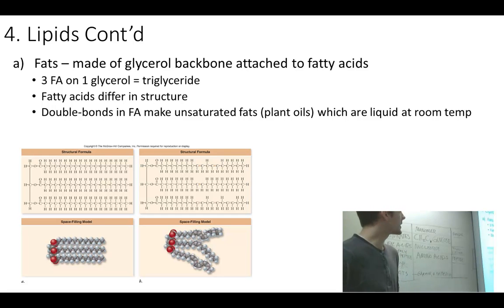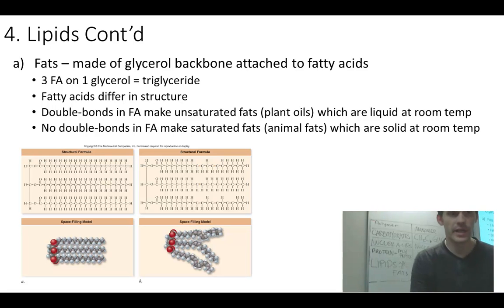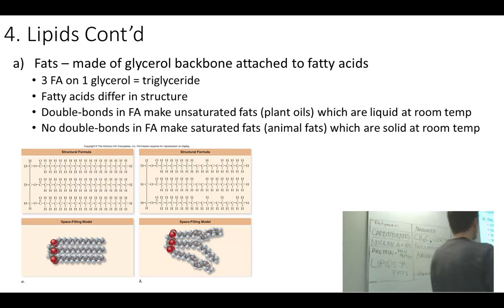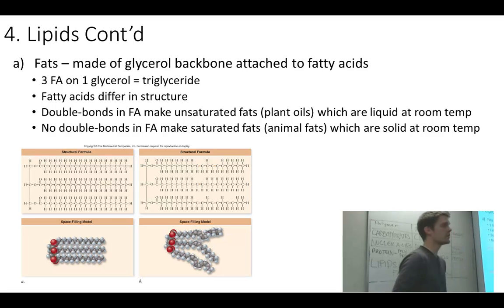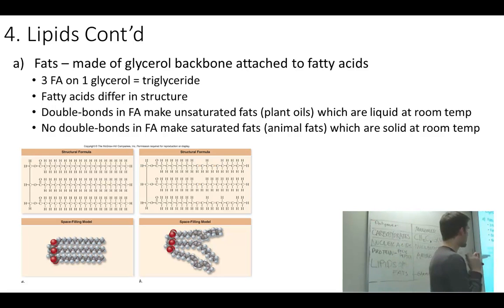Okay, we can separate those into 2 categories: unsaturated and saturated fats. And the difference between them is sometimes they will make these double bonds between the carbon molecules. And what that does is it makes a kink in the chains. These are fatty acids. If they don't have any double bonds, they will just be nice and straight.